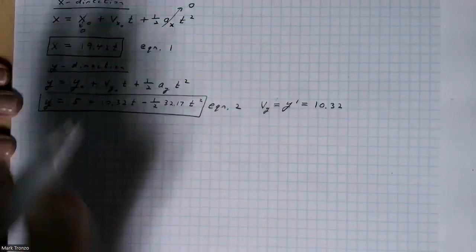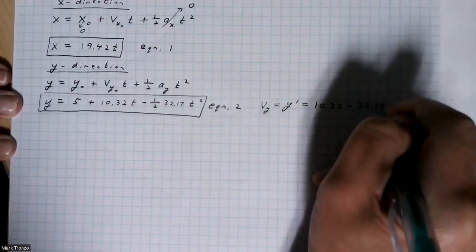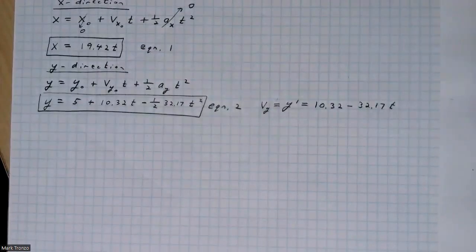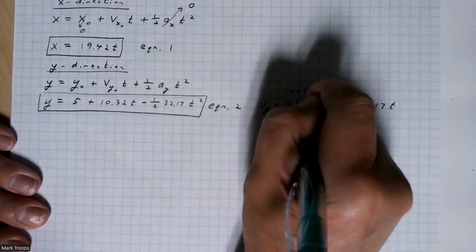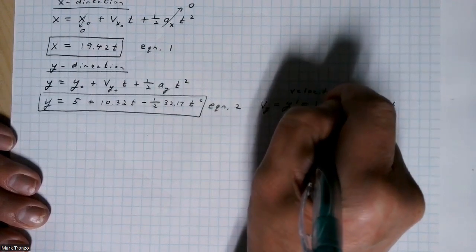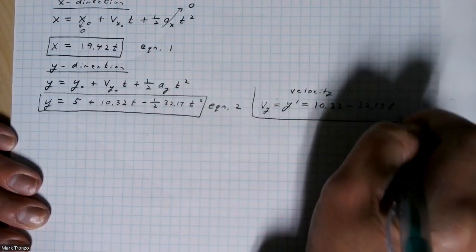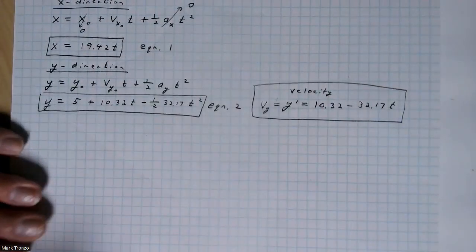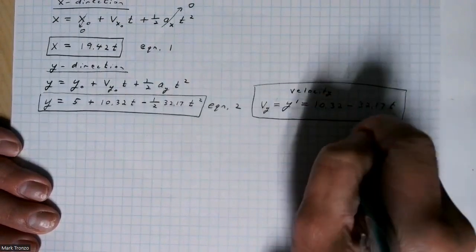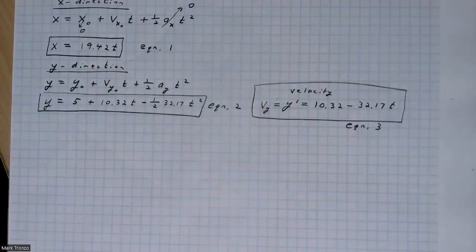We take the derivative of this, which will be negative 32.17t. And so that's the equation for velocity in the y direction. We don't need an equation for velocity in the x direction because remember, it's constant. Whatever it started with, it's going to continue that way. And let's call this equation 3.